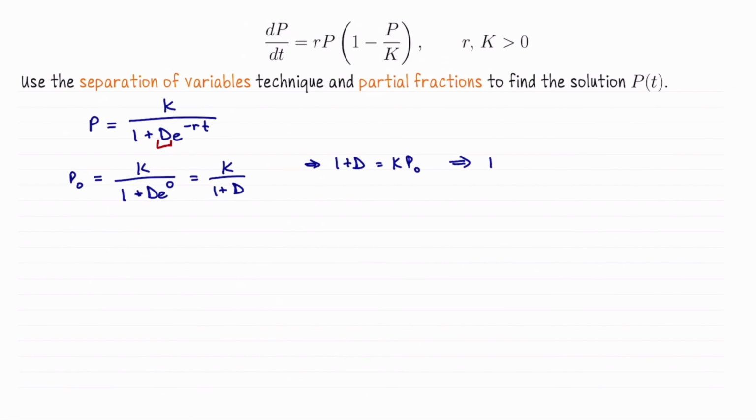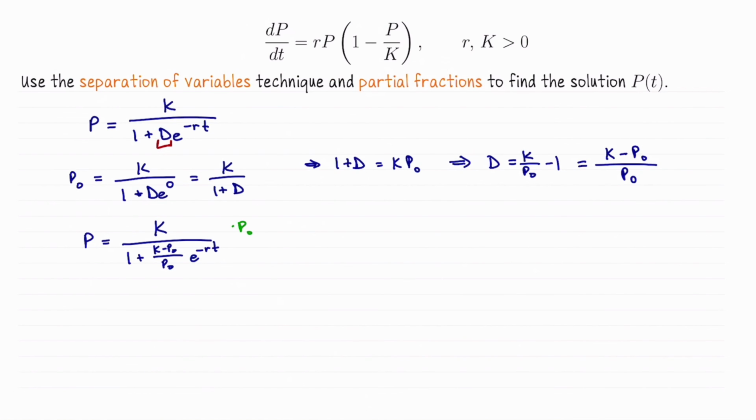So we can replace that constant d with k divided by p naught minus 1, which I'm going to write as k minus the initial population divided by the initial population. Okay, let's make that replacement now in our solution. We have p equals k divided by 1 plus k minus p naught divided by p naught e to the negative rt.